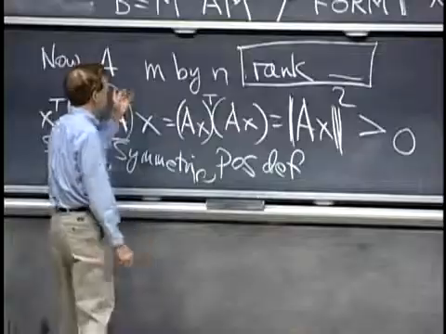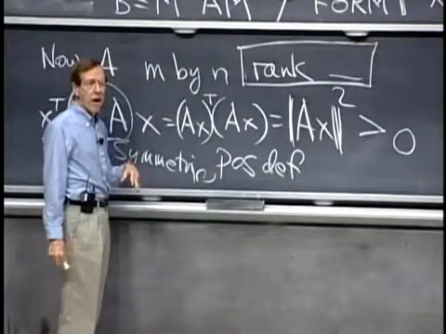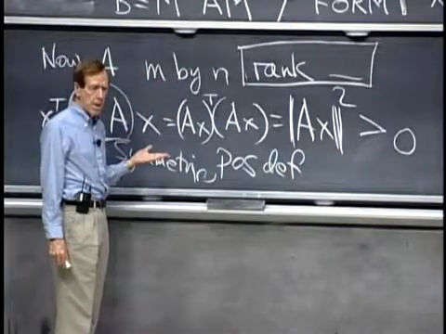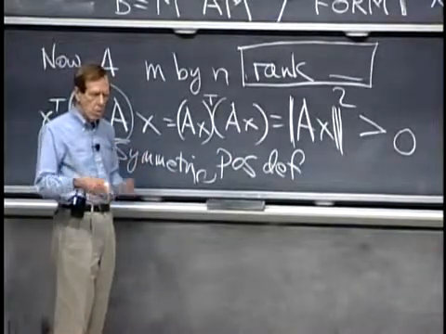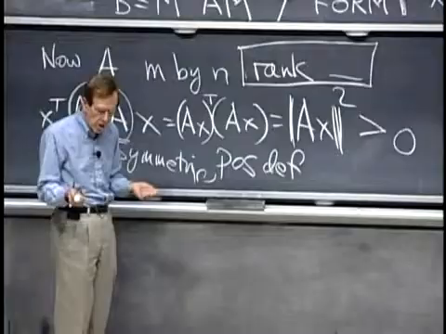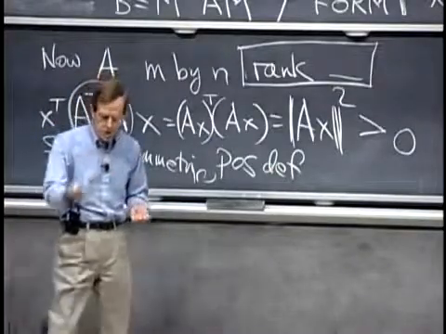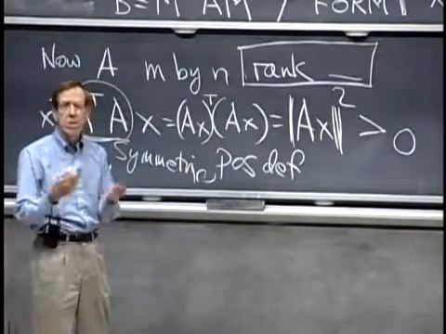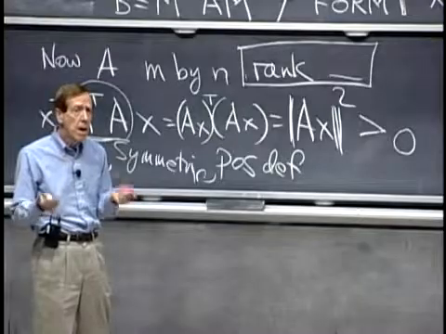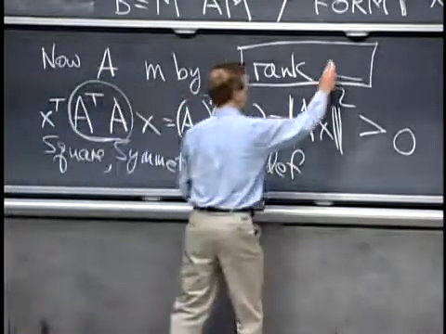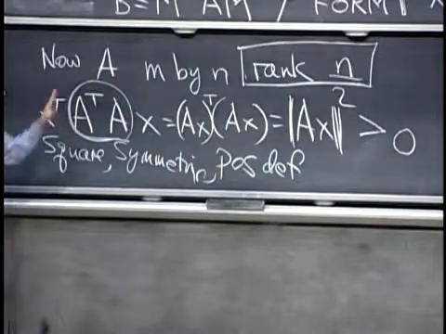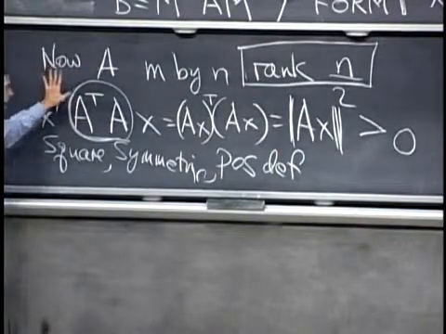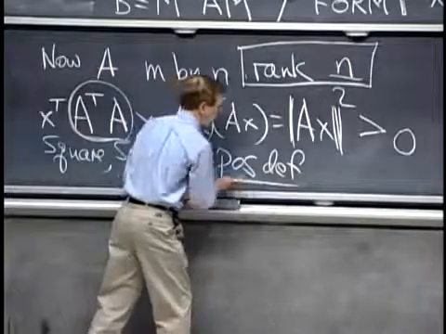So if I have an 11 by 5 matrix, so it's got 11 rows, 5 columns, when is there no null space? So the columns should be independent. What's the rank? N, 5. Rank n. Independent columns. Then I conclude, yes, positive definite.